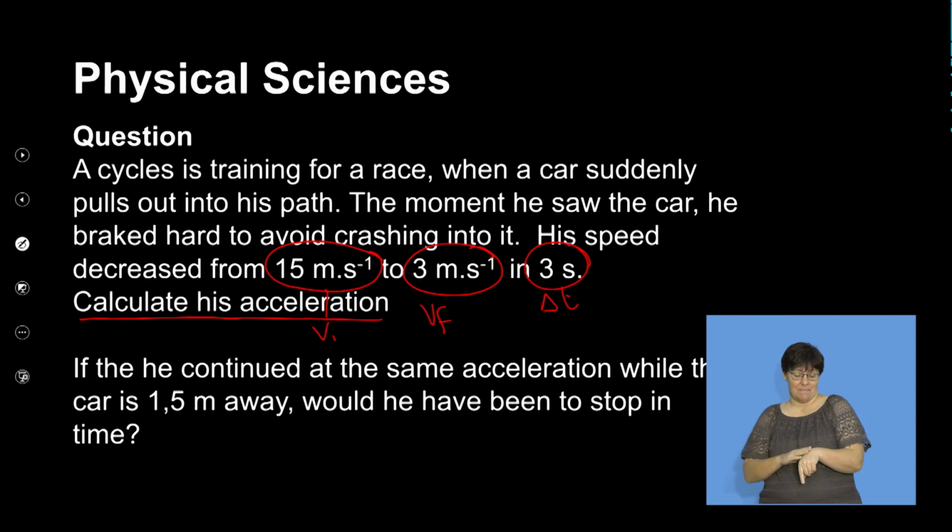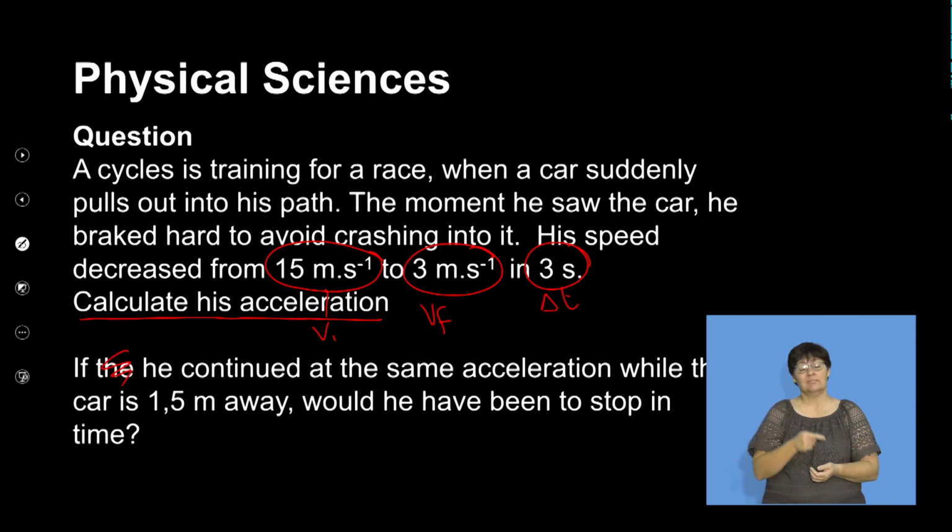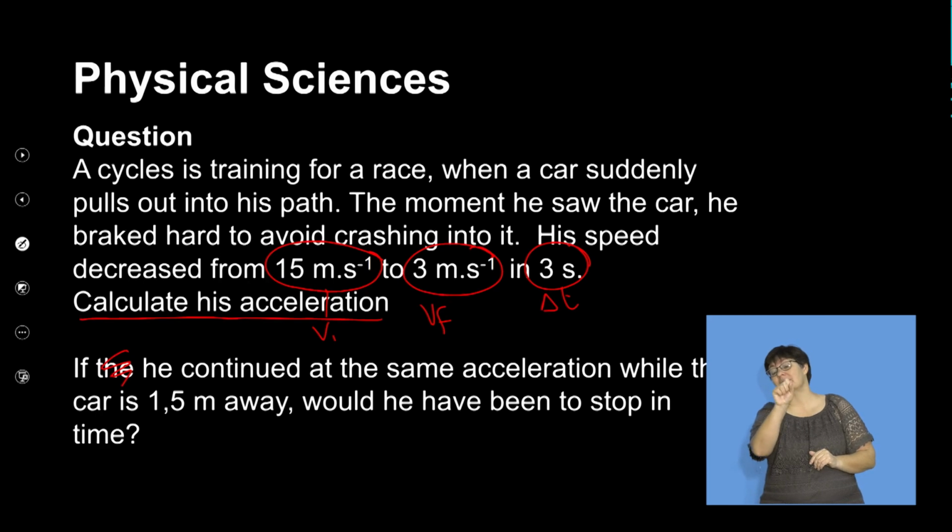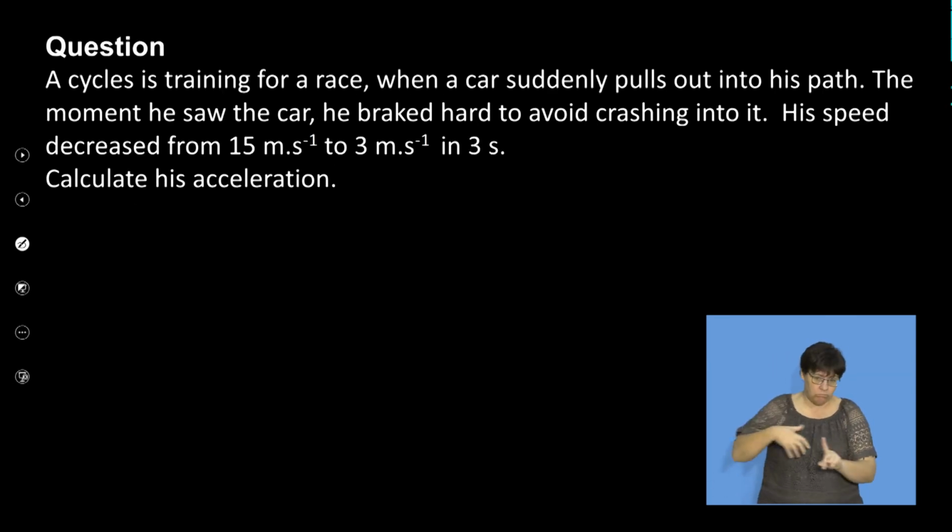Calculate his acceleration, that's the first one. Then they say if he continued at the same acceleration while the car is 1.5 meters away, would he have been able to stop in time? So, let's calculate his acceleration.